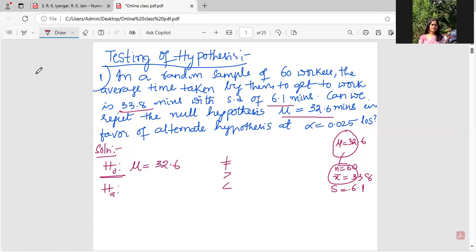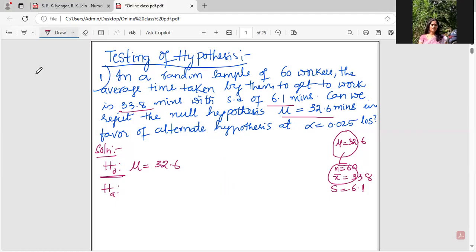Usually students doubt when to choose greater than and when to choose less than, because depending on that, I'll have a right-tailed or left-tailed test, while a not equal to condition gives a two-tailed test. Please look at the mean of the sample. It is 33.8, and the mean of the population is 32.6. The sample mean suggests that mu can be greater than 32.6, so I'll set my alternate hypothesis as mu greater than 32.6.